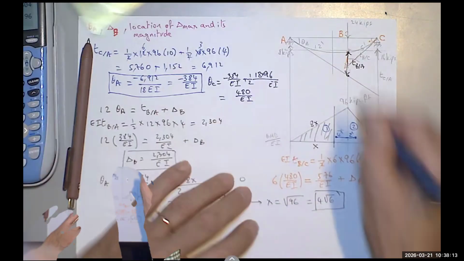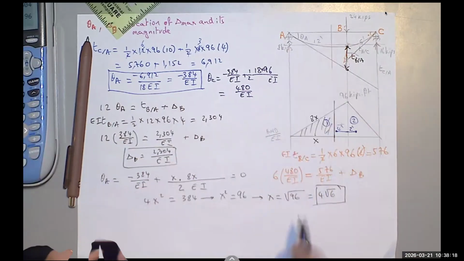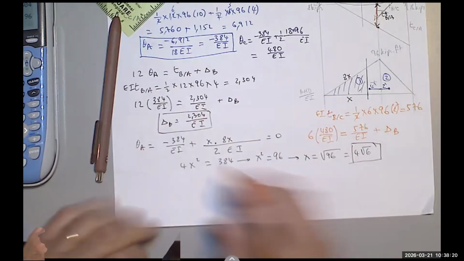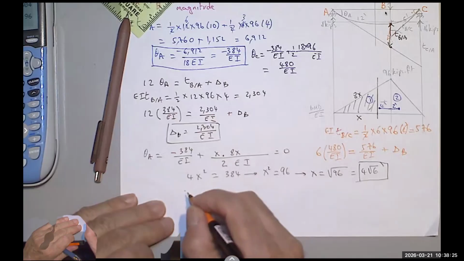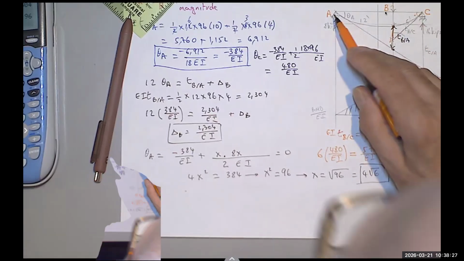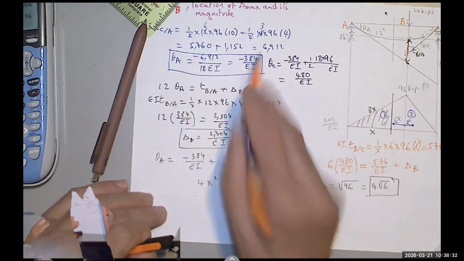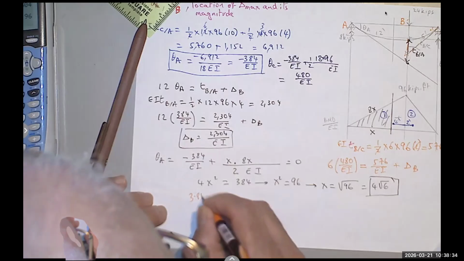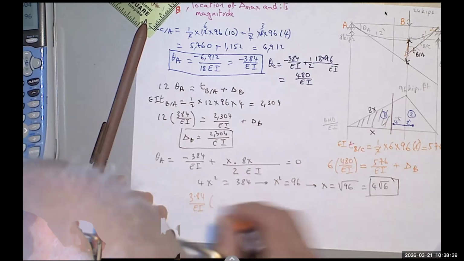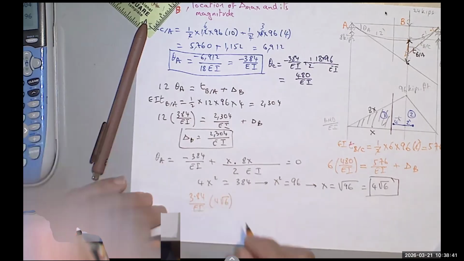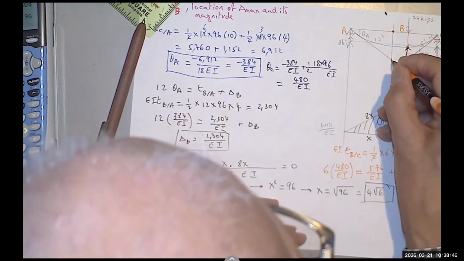And if I multiply theta sub A, which is 384 over EI, by 4 root 6, that will give me this whole distance from here to here.